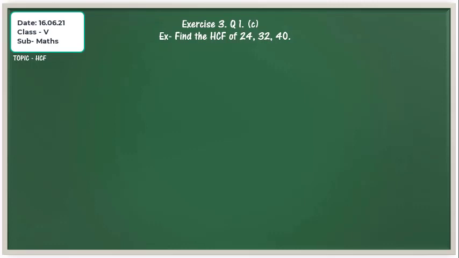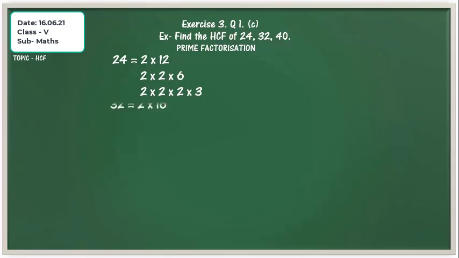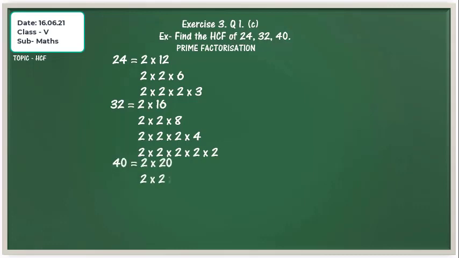First of all, let's try to find out the factors of each of these numbers. So the factors of 24 are 2 into 2 into 2 into 3. The factors of 32 are 2 into 2 into 2 into 2 into 2. And factors of 40 are 2 into 2 into 2 into 5.